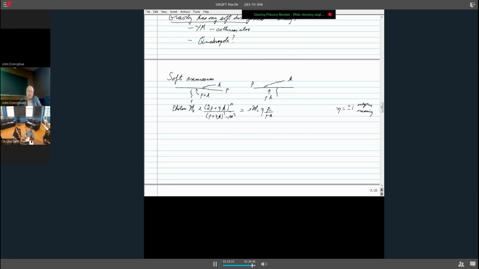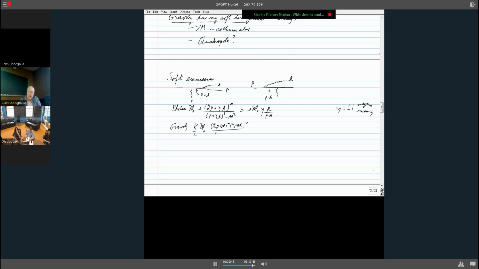So the factors that you have for photons, let me do scalar. The numerator here would be P plus K plus P, or P minus K plus P. So Weinberg writes 2P plus eta K mu is the current there.